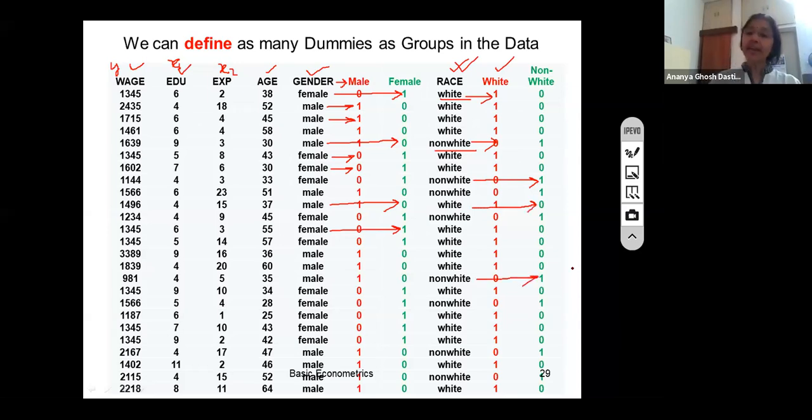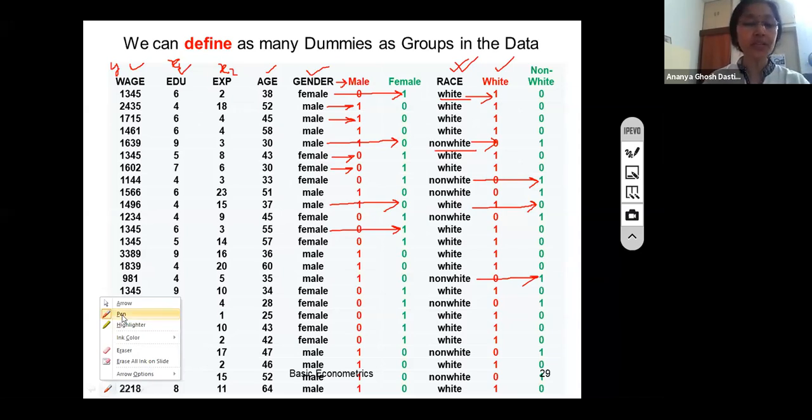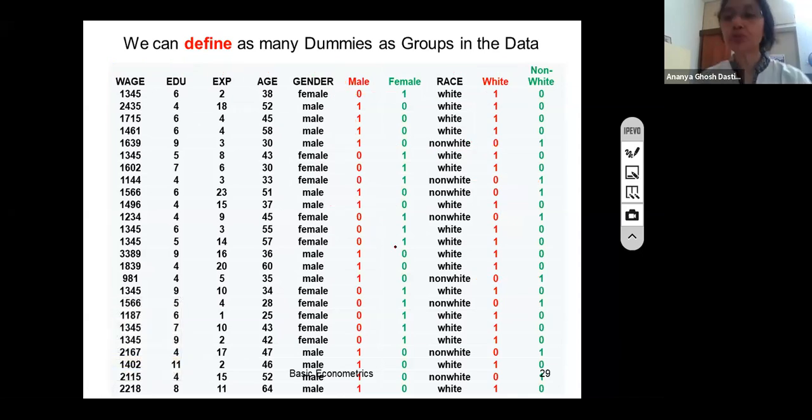So very carefully, please inspect this data set to note how you can define a dummy variable to capture and differentiate between various groups in your data. That is the point that is meant to be illustrated through this example. Now, what I want you to note is you can define as many dummies as you have groups. So let us look at some other examples.